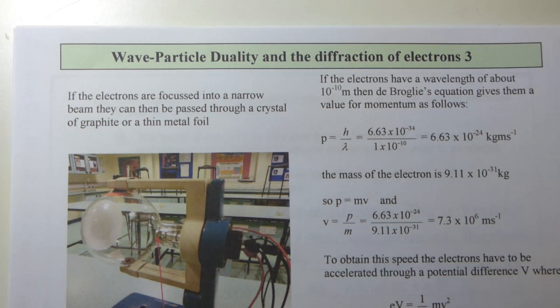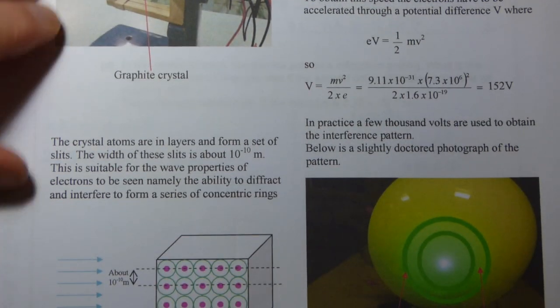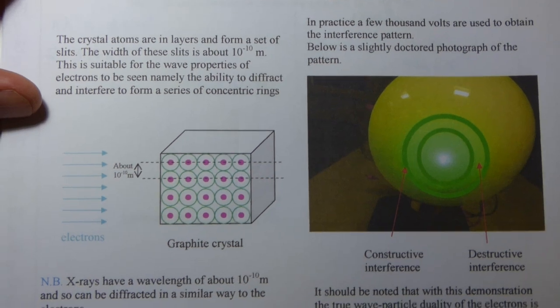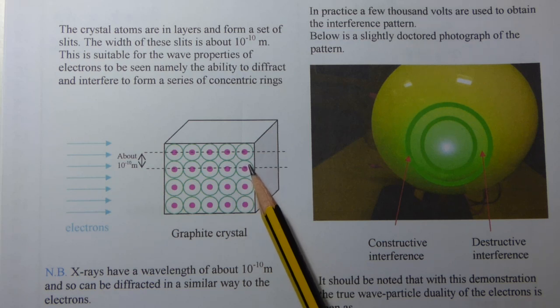Well, 2 years after de Broglie suggested that electrons had wavelengths and could behave like waves, it was demonstrated that they did show the property of diffraction. But where do you get your aperture from? They realised quite quickly that a crystal might behave like a diffraction grating.